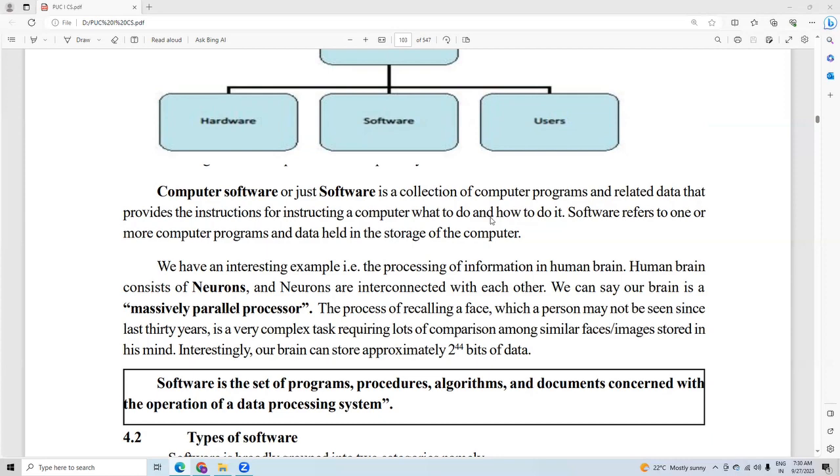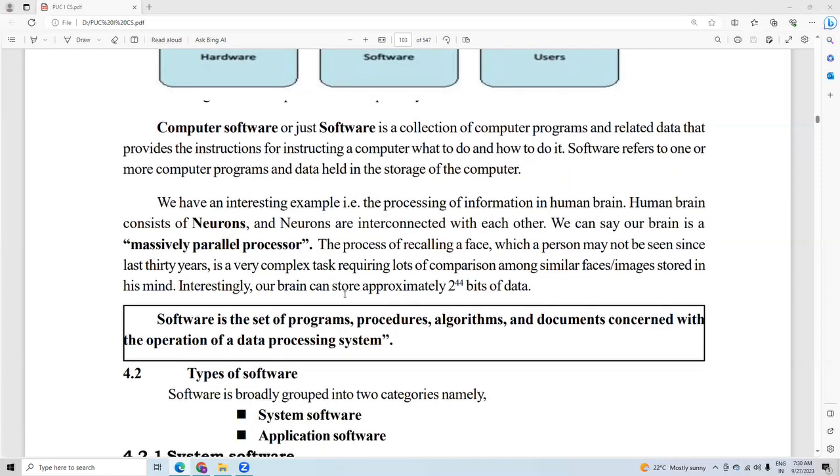Right. So here we have an interesting example: the processing of information in the human brain. Take the example of the human brain. Even the human brain is like a computer, so that you will come to know how it processes. For example, assume that you have met some fellow a very long time back.